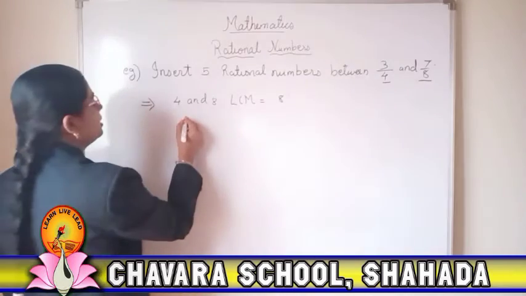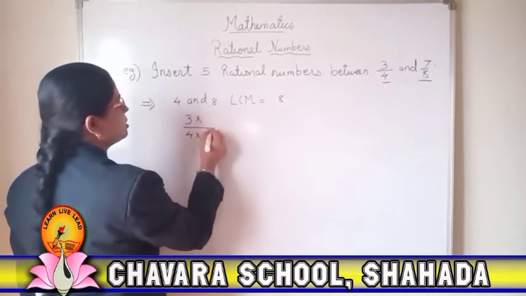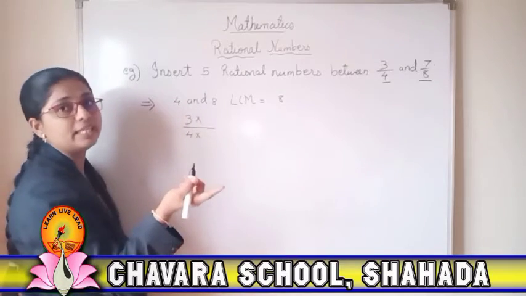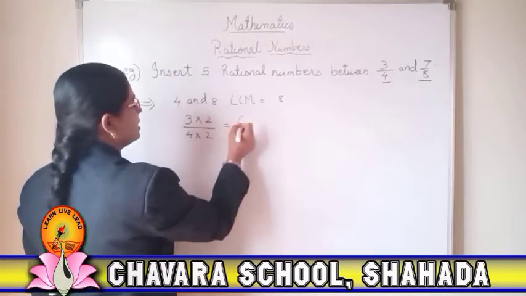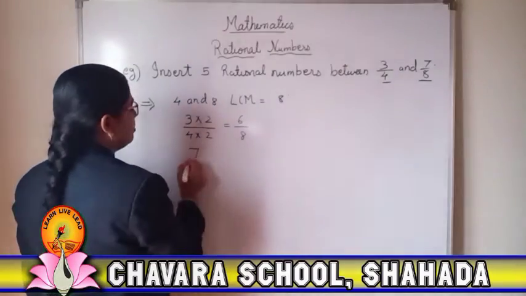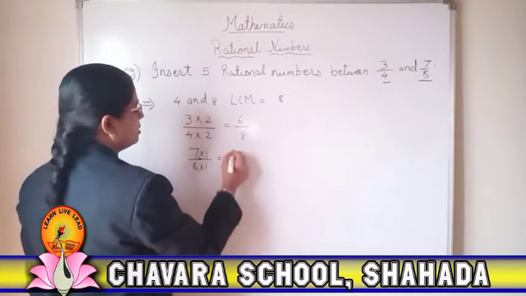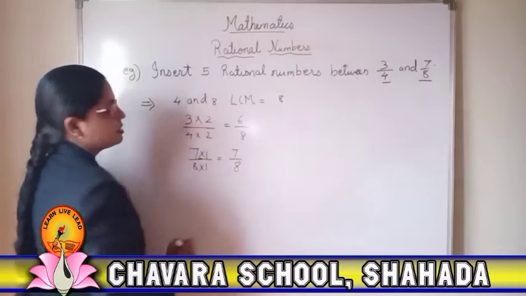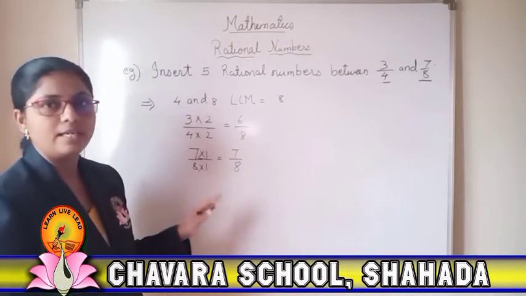So here 3 multiplied by what, and 4 multiplied by how much, so that we get the denominator as 8? It will be 2. So we get 6/8. And here 7/8, we don't have to multiply, so I am just multiplying by 1 so that we get 7/8. Now the denominators are equal.